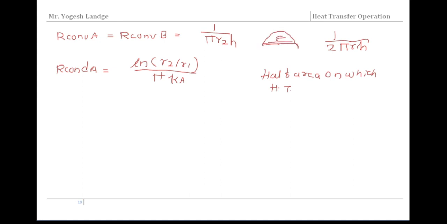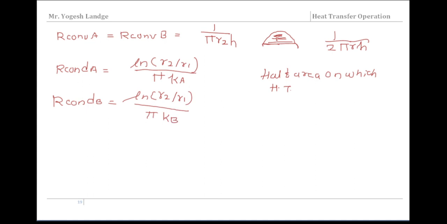Okay, we consider this half portion. Similarly, I am writing for R conduction for material B, and again I can write the formula, that is ln of r2 by r1 upon pi, and here the conductivity of material B.